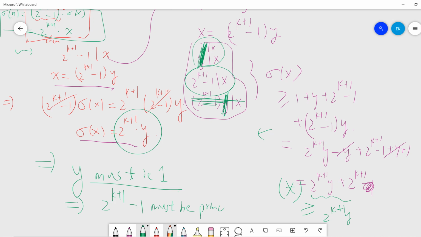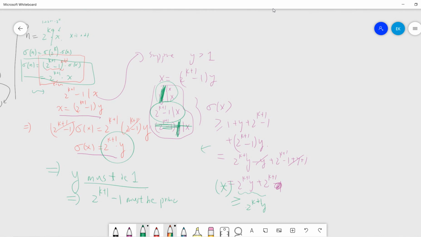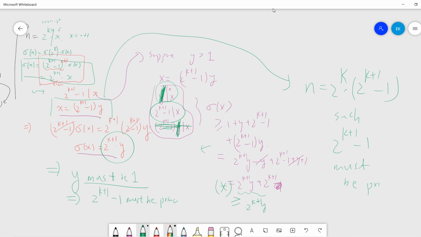Okay, and also since y is 1, x is equal to 2 to the k plus 1 minus 1. So from here what we have is that n equals 2 to the k times 2 to the k plus 1 minus 1, such that 2 to the k plus 1 minus 1 must be prime.